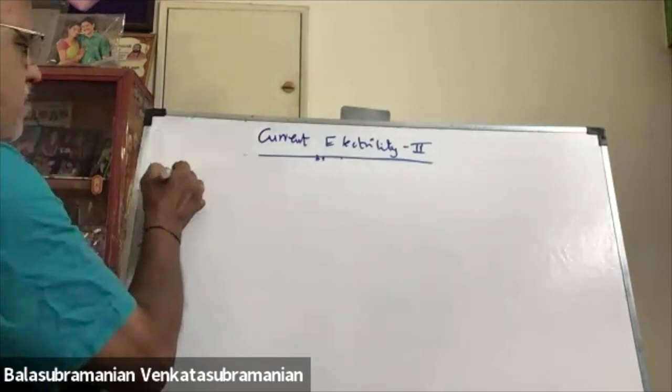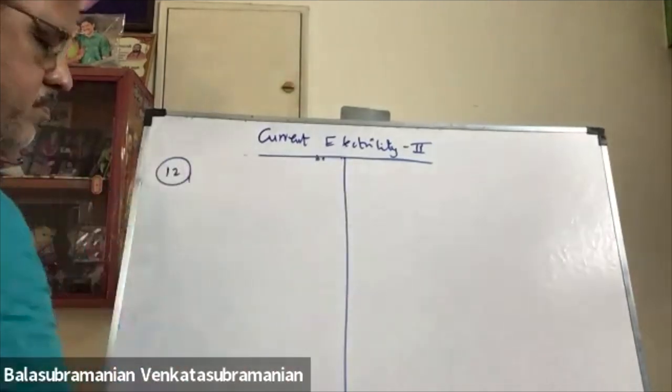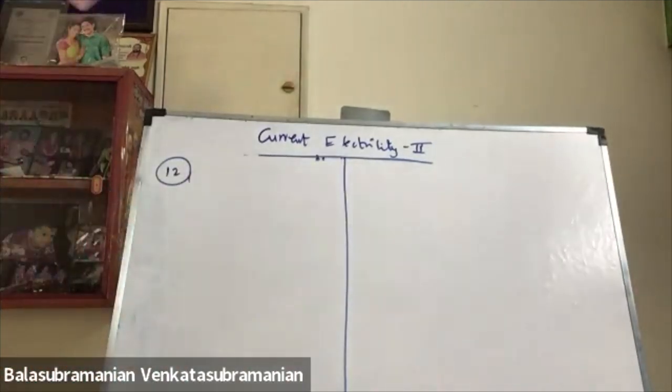12th problem. Two wires of the same material have lengths L and 2L, and cross-sectional areas 4A and A respectively. Calculate the ratio of specific resistance.